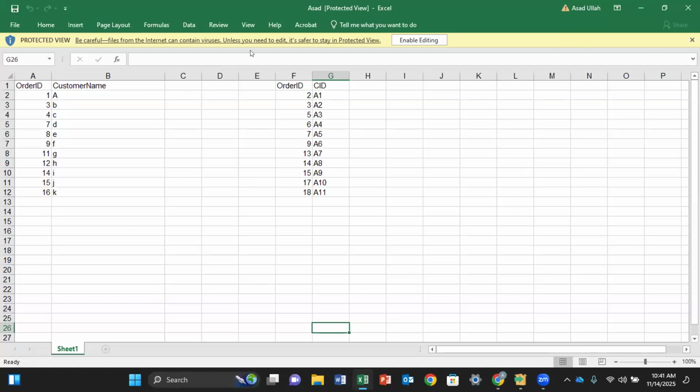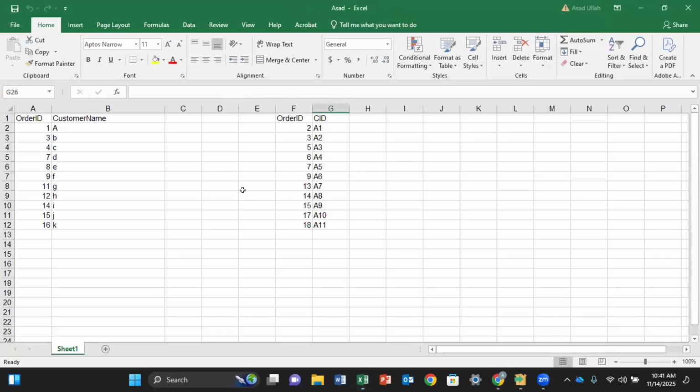Just enable editing. Yes, order ID. It will take maybe customer name.